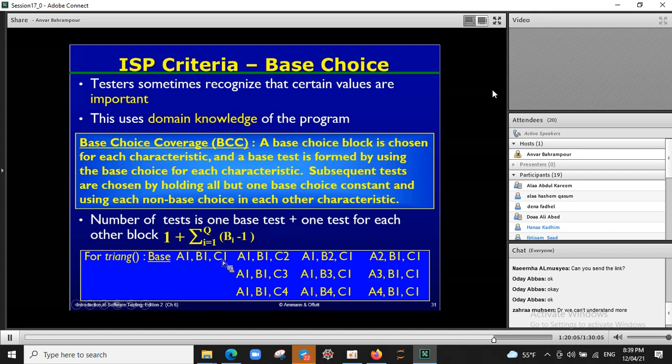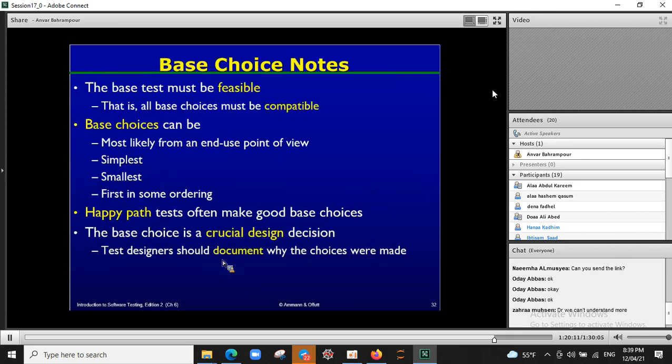So we select our base choice from blocks A1, B1 and C1. This should be kept from business knowledge or domain knowledge.